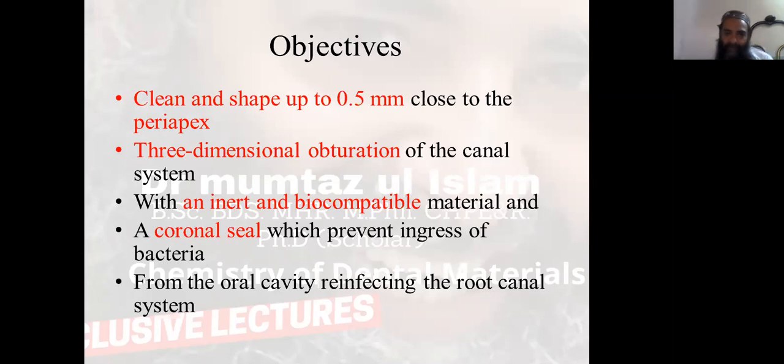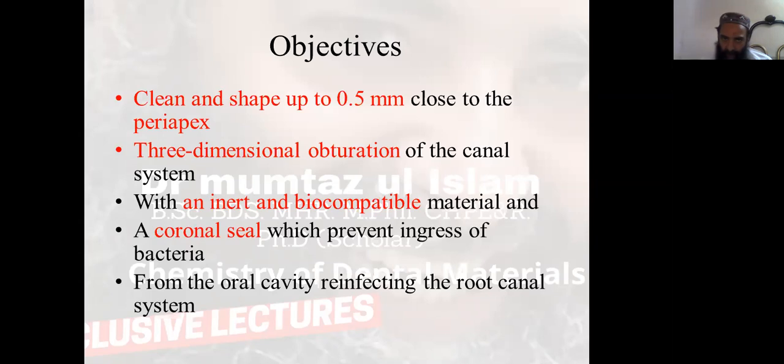Obturation should be a three-dimensional obturation of the canal system which we have treated, with an inert and biocompatible material. Inert means which should not harm the surrounding tissue. And the coronal seal, coronal means at the crown portion.